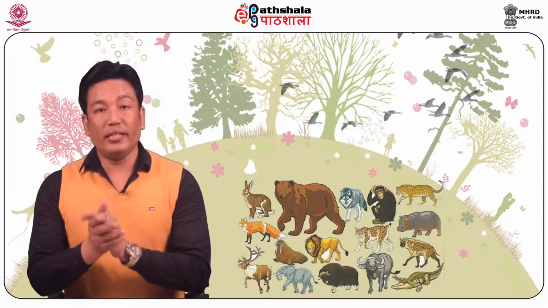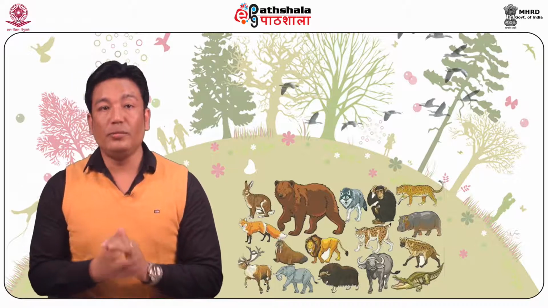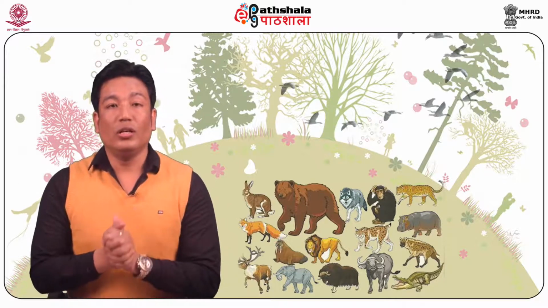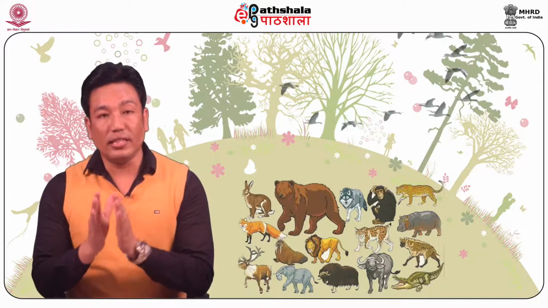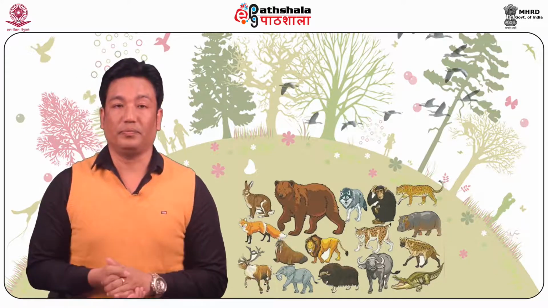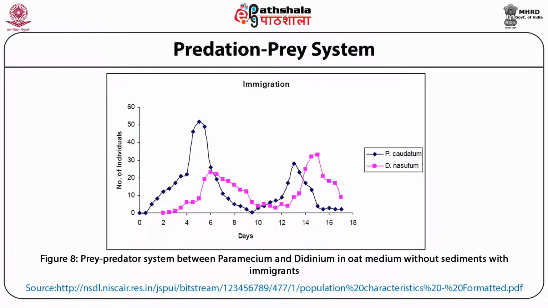By periodically introducing predator to the medium, Gause was able to maintain both populations. We can see in figure number 8.